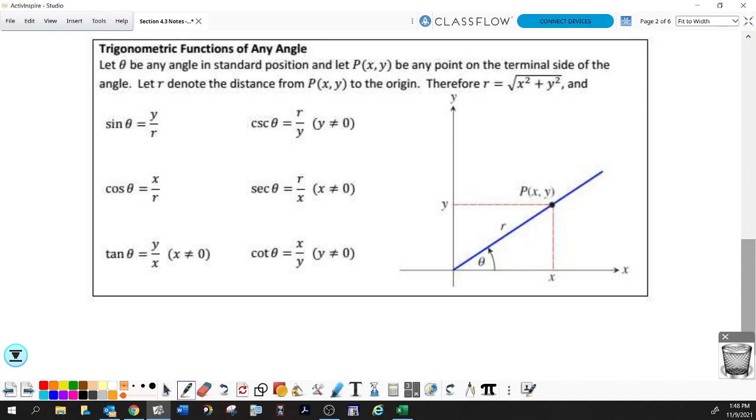You see over there on the blue ray where it says point x comma y. When you come over here to these two things, that first one, sine theta equals y over r, if you multiply both sides by r, what you get is y equals r sine theta.